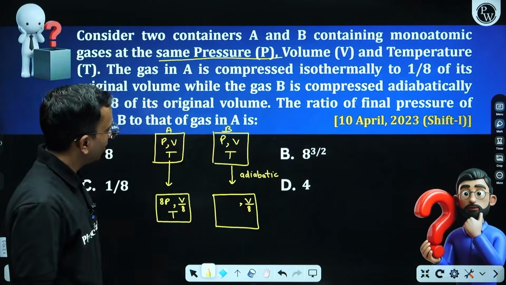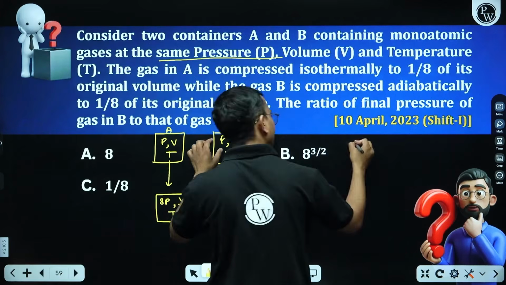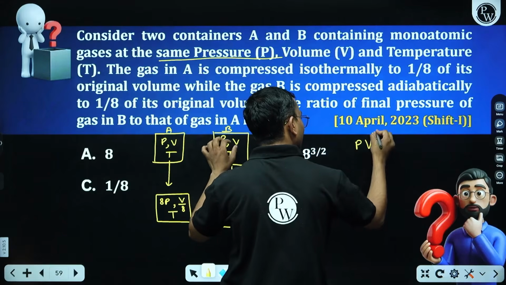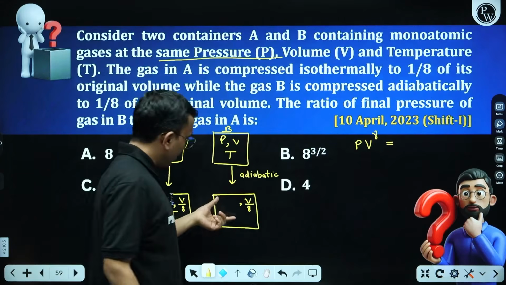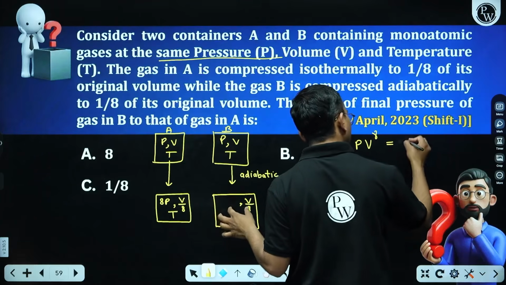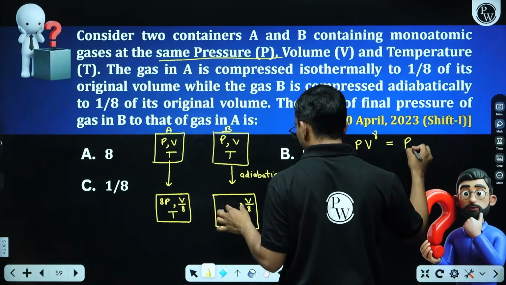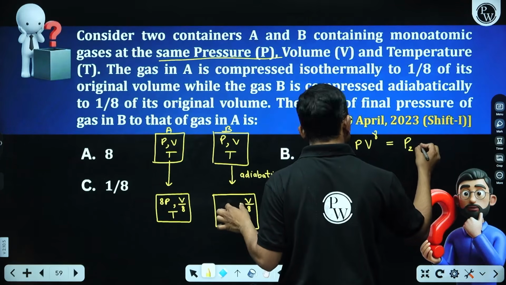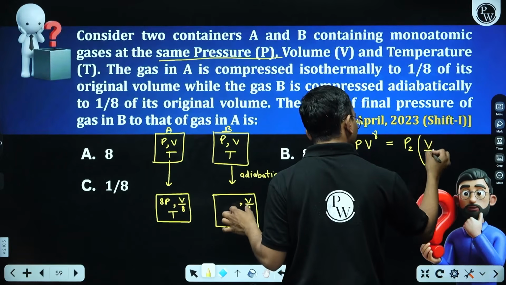So P into V to the power gamma was the initial. Finally the pressure is P2 into (V/8) to the power gamma.